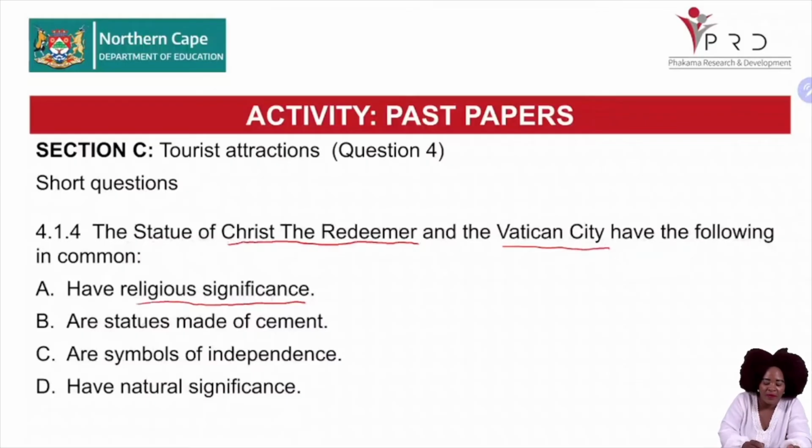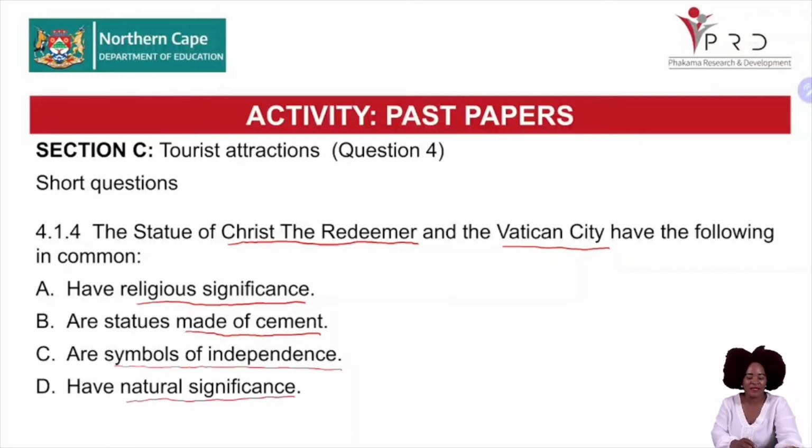B, are they both made of cement? C, do they have a symbol of independence? And D, do they have a natural significance? So what is the correct answer here? What will make these two icons have something in common? What is the answer for 4.1.4?